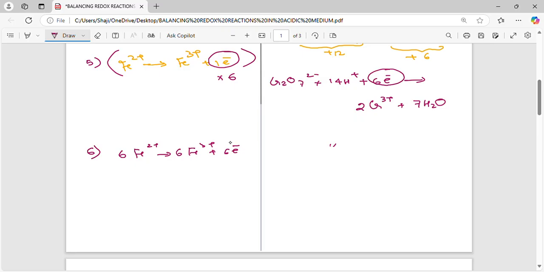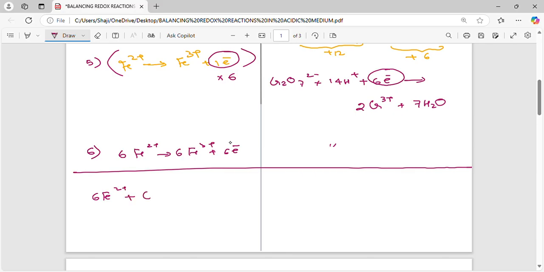So we balanced all the half reactions, and finally we write the overall reaction by adding the LHS of oxidation and reduction, and similarly the RHS of oxidation and reduction. That gives 6Fe2+, Cr2O7 2- plus 14H+, which are the LHS of the oxidation half and reduction half.